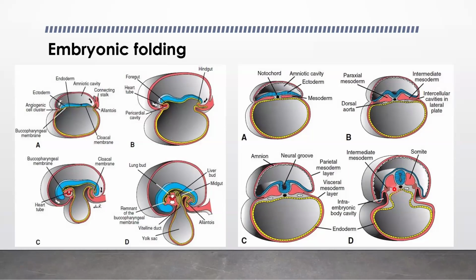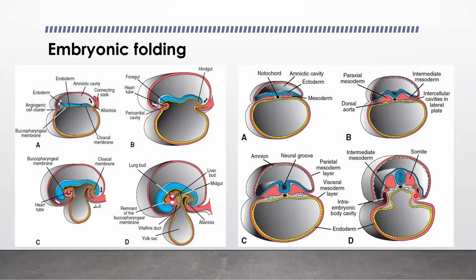These are actually the two dorsal aortas, and then this is the notochord. The two dorsal aortas help in formation of the primitive heart tube. And this is actually a very common question, where you can have a question telling you to name these structures.